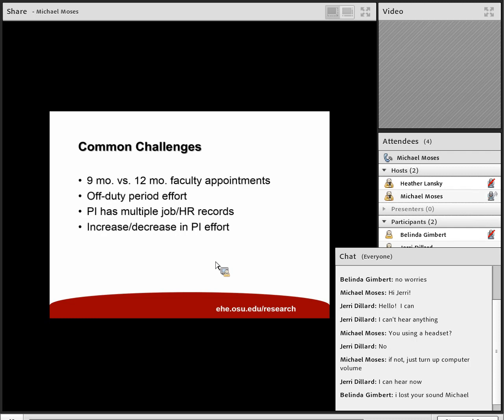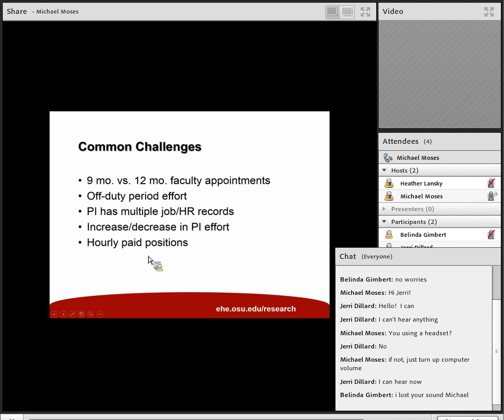An increase is the way the sponsors typically look at it: you work on the project as much as you need to get it done. What they really are concerned about are long-term absences or major decreases in whatever was proposed in the application.